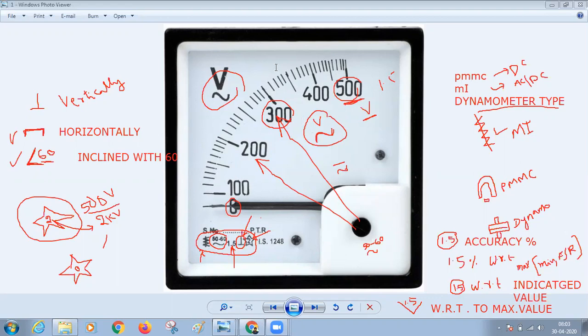In another case, they will represent a number inside a modulus like this, modulus of 1.5. In such a case, such a meter has an error of 1.5% with respect to span.